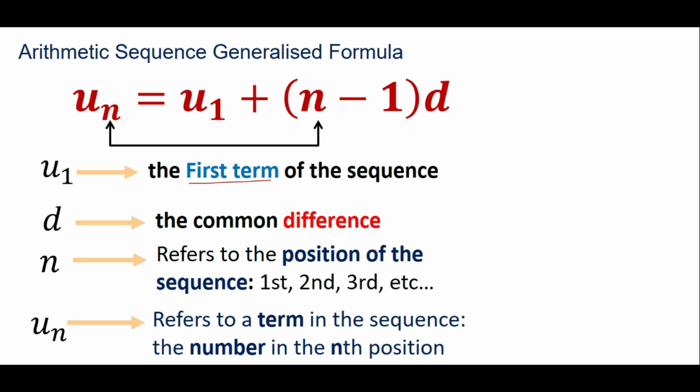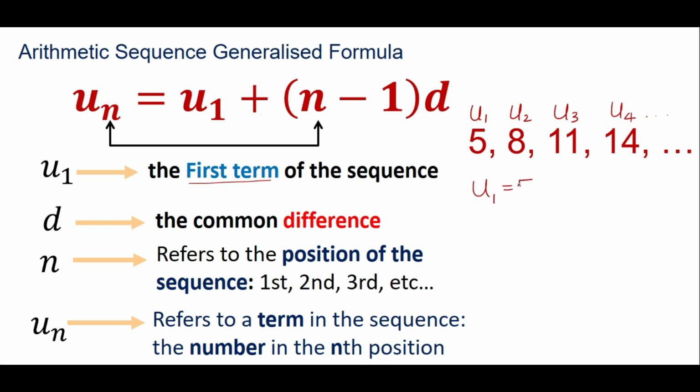Let me show you an example. Here you can see 5, 8, 11, 14. So u1, u2, u3, u4. u1 is nothing but the first term, so my u1 here is 5. My common difference, every time I'm doing a plus 3.